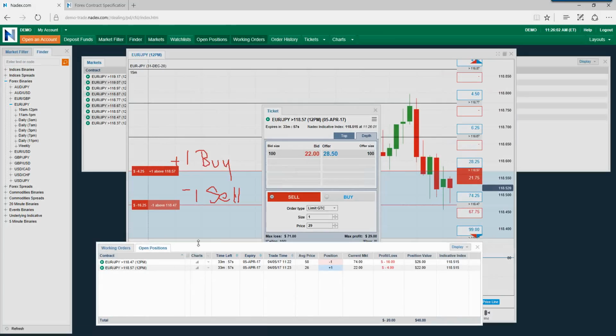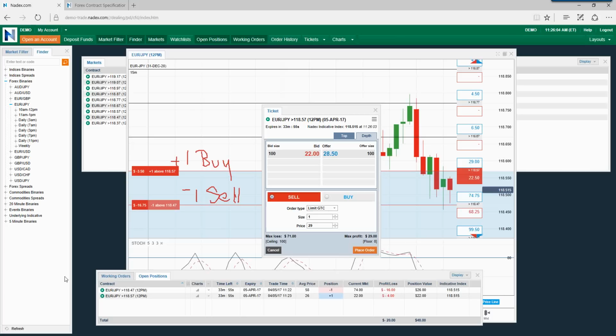Now, under your open positions, okay, do you see where it says average price? Now, this is our long position, okay? So that tells me I need to look at this position and I need to look at the average price, okay?